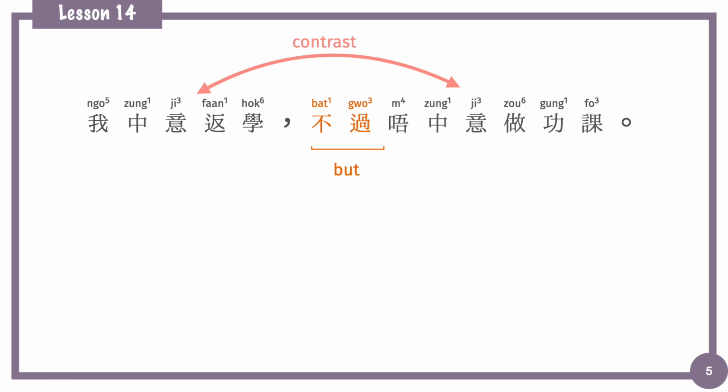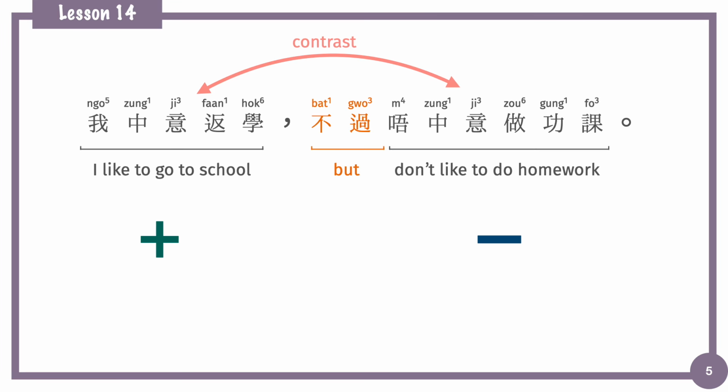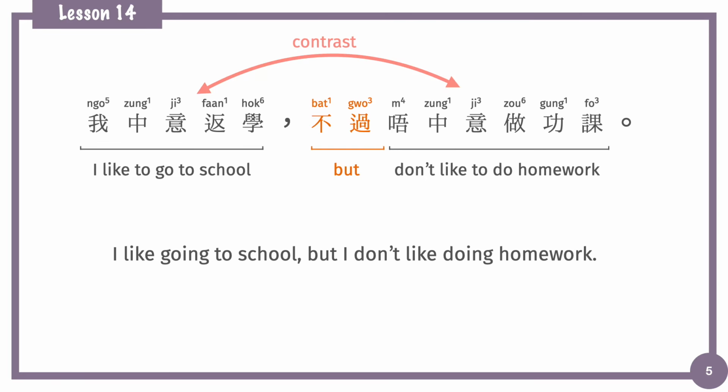For example, here, 我中意返學 I like to go to school is a positive thing. And then 不過 but 唔中意做功課 don't like to do homework is a little bit negative. 我中意返學不過唔中意做功課 I like going to school but I don't like doing homework.